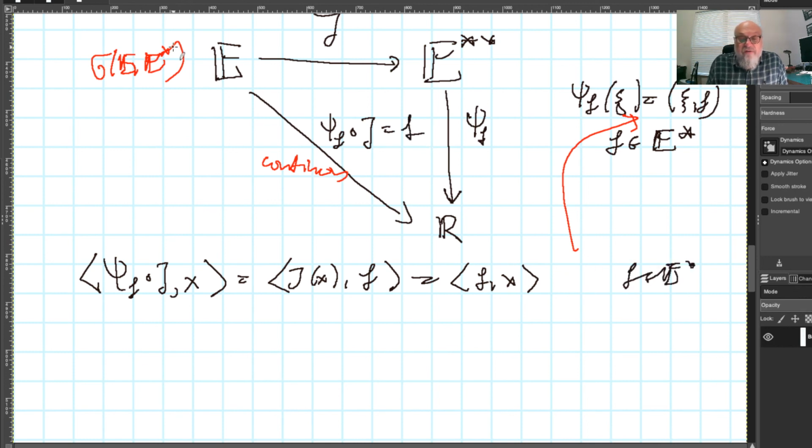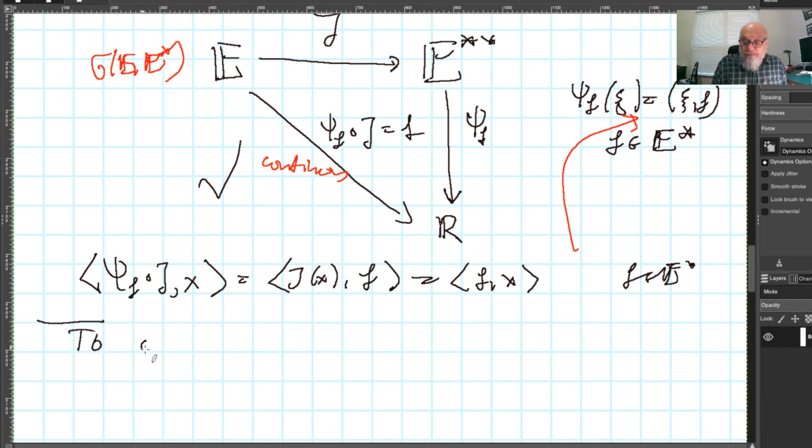So those maps generate this topology. So that's definitely continuous. Yes, we can say it is continuous. Check mark.